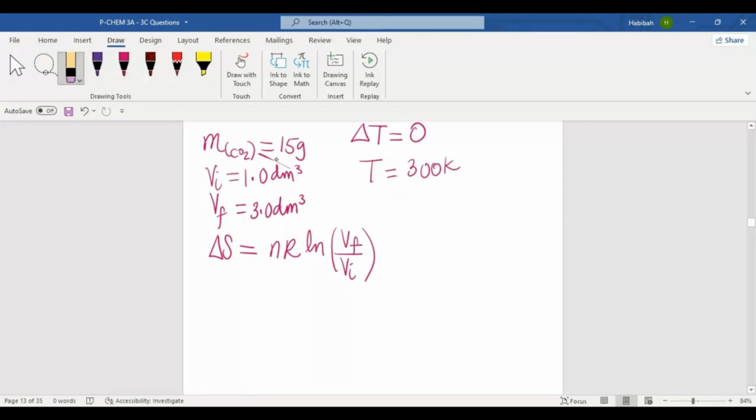Note that in our situation here, we're not given the number of moles, but what we have is mass as well as the identity of the gas. So the number of moles is going to be the mass divided by the molar mass, so the mass of CO2 divided by the molar mass of CO2. The mass is 15 grams. The molar mass of CO2 is simply 44.01 gram per mole.